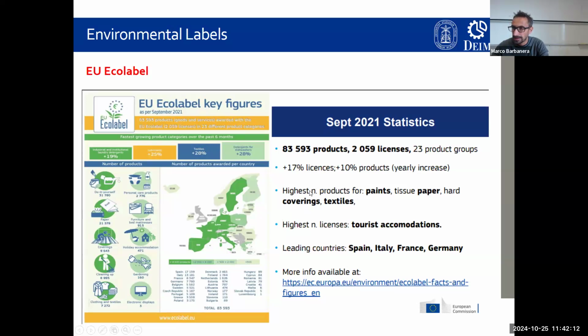In particular, the environmental type 1 labels are mostly for paints, tissue paper, hard coverings, and textiles. And the leading countries are Spain, Italy, France, and Germany. So these data are similar to data referred to 2024. But here you can have more recent statistics.